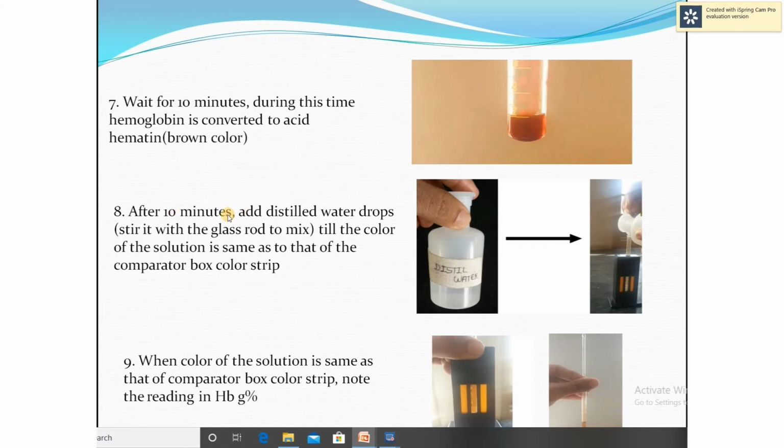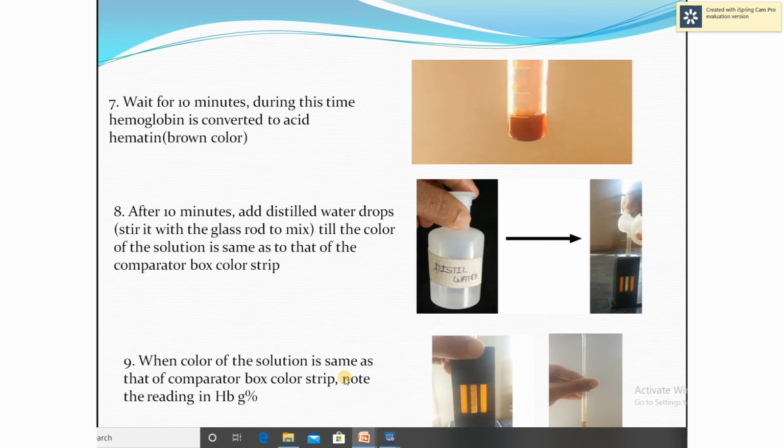After 10 minutes, add distilled water drop by drop. Stir it with the glass rod till the color of the solution is the same as that of the comparator box color strip. Hematin has been formed within 10 minutes, and now you'll have to dilute the blood to make it similar to the hematin comparator tubes in the comparator box.